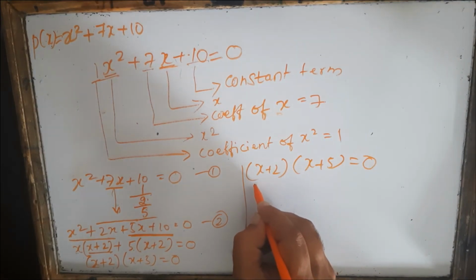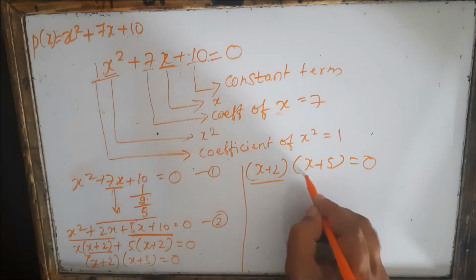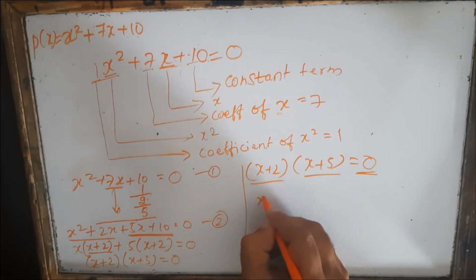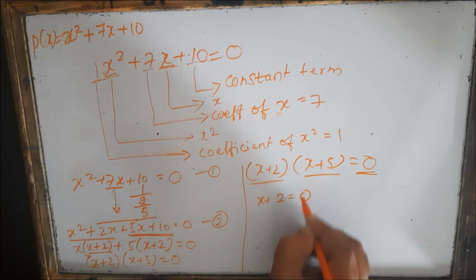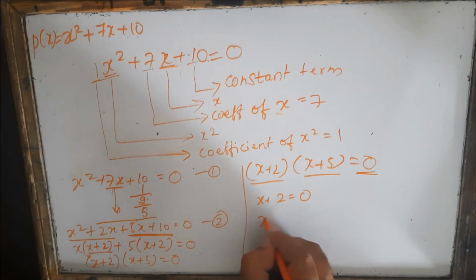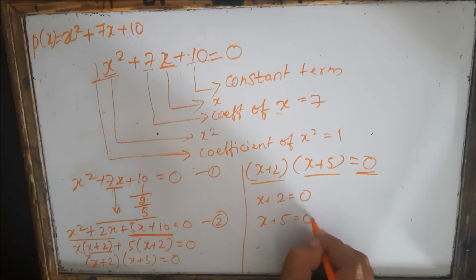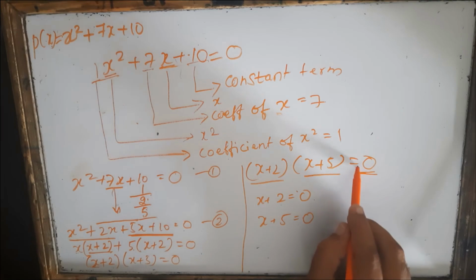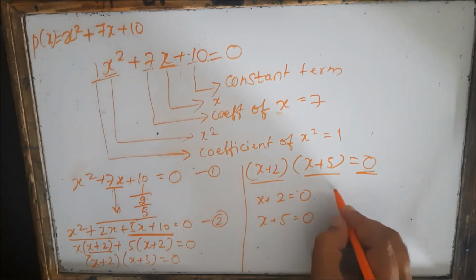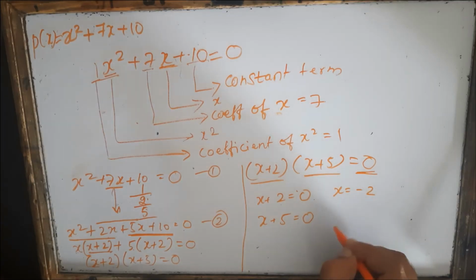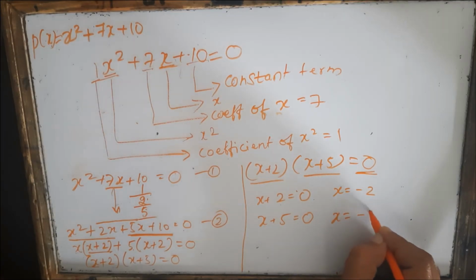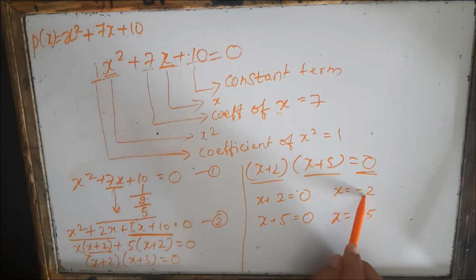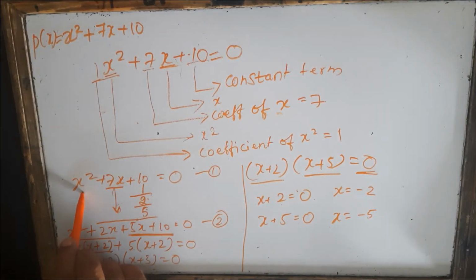Here either we make this 0 or this 0 to make the equation 0. So that means x plus 2 is equal to 0 or x plus 5 is equal to 0. Any of these will make this equation 0. x plus 2 is equal to 0 means x is equal to minus 2, and x is equal to minus 5. If you apply x is equal to minus 2, then this equation will become 0.